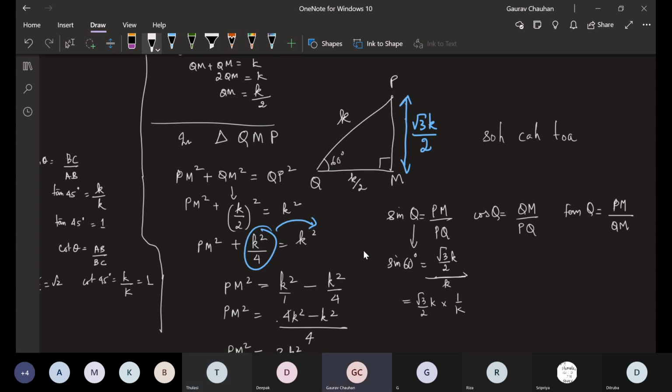Very good. Can you do something now? Sir, we can cancel k. You can cancel off k and k. And what do we get? Sine 60 degrees equal to? Root 3 by 2, sir. Sine 60 degrees is root 3 by 2. Can you check in your table if this is the exact value?